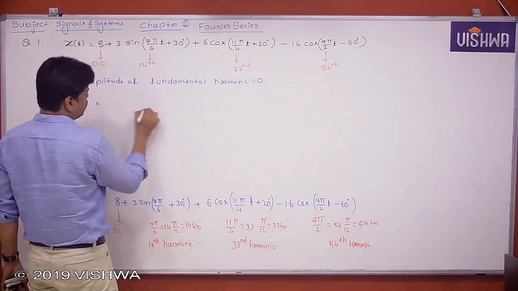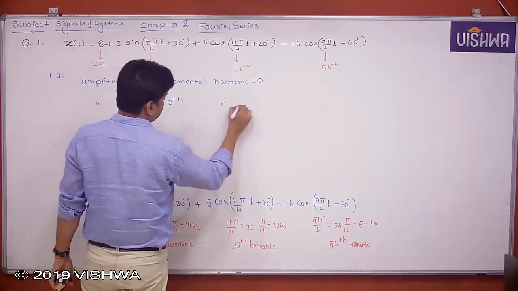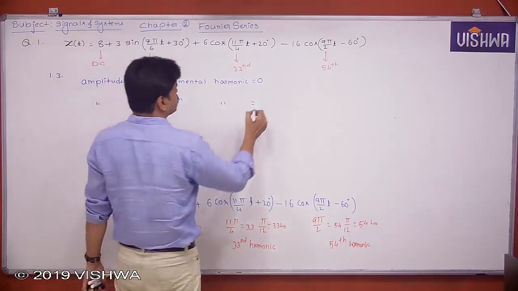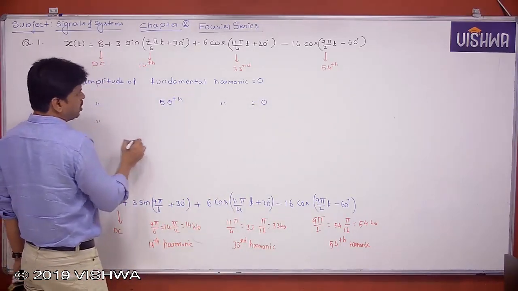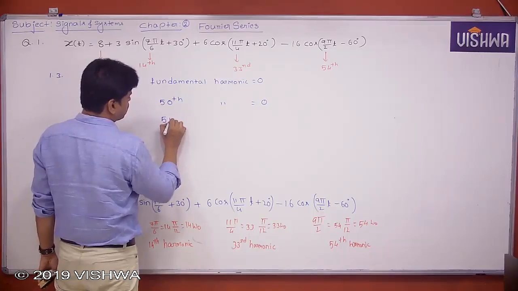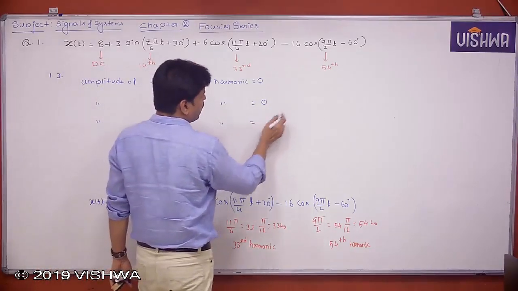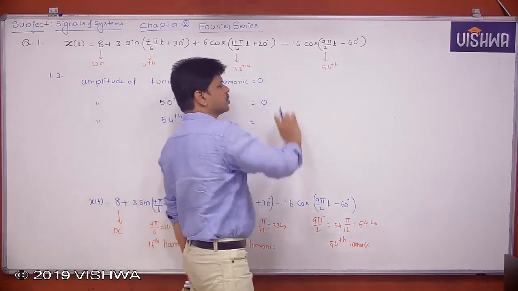The amplitude of the 50th harmonic, how much? We don't have the 50th harmonic either, so that amplitude is also 0. Next, the amplitude of the 54th harmonic. Now, we do have the 54th harmonic. What is its amplitude?